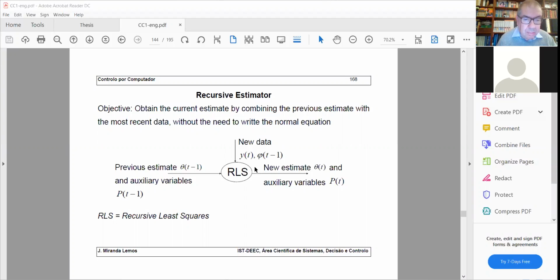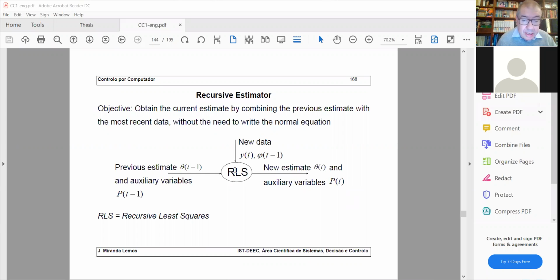And you receive a new data point. So you receive y of t and phi of t minus 1. So that is a new data point. And you combine the new data point with the previous estimate and the previous auxiliary variables to update your estimate, building the new estimate theta of t and new auxiliary variables P of t. Okay. Now, a word about notation. Usually I put a hat to mean that it is an estimate of the variable.